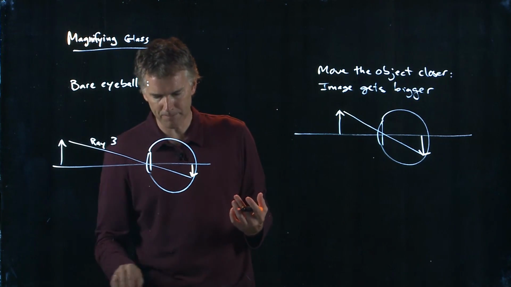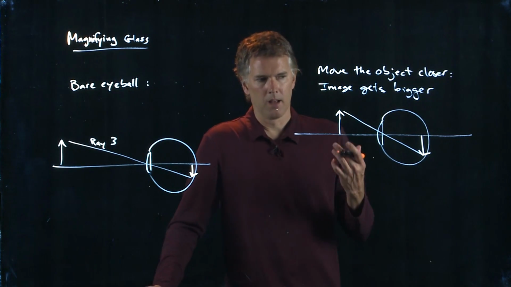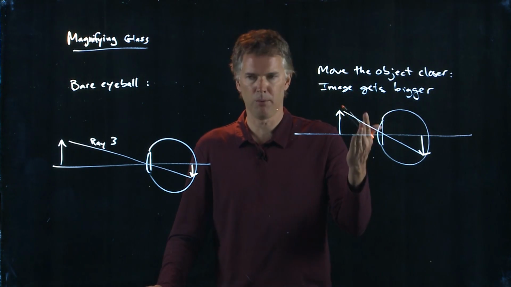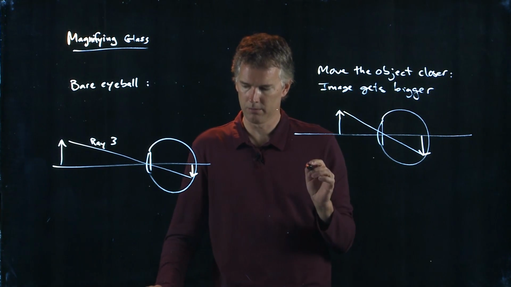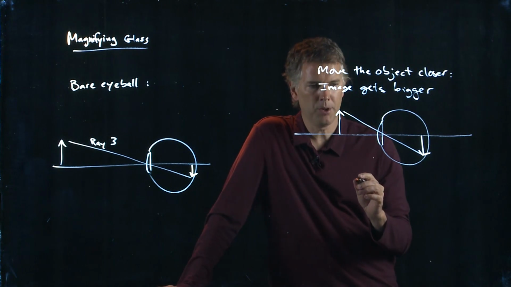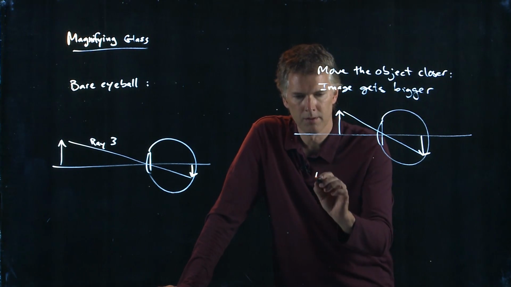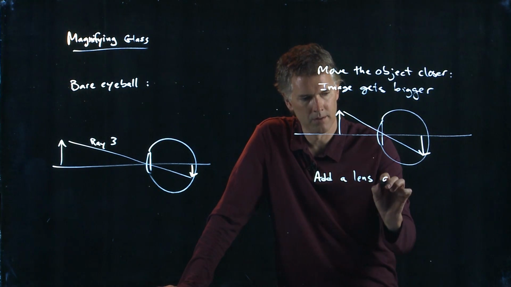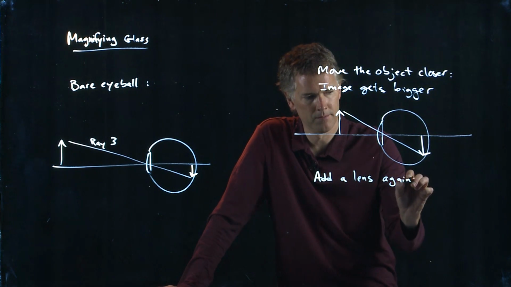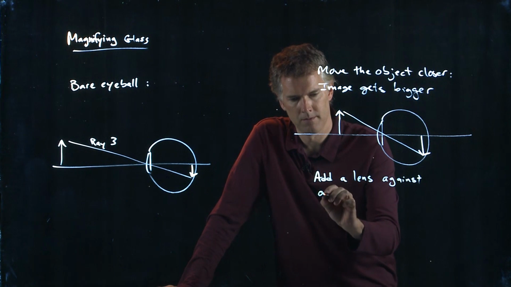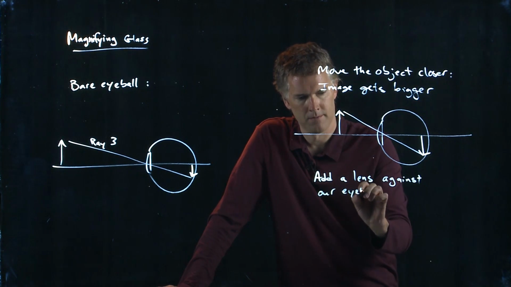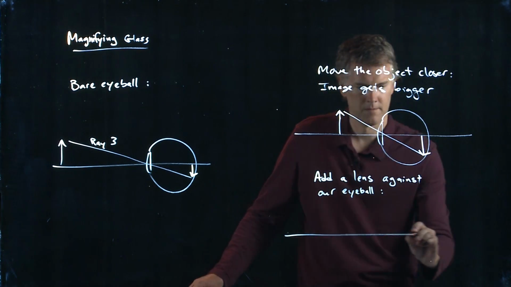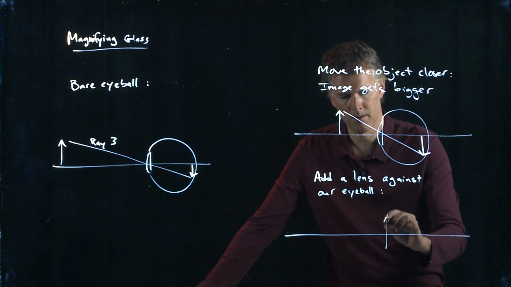But at some point, I can't focus on it anymore, right? I'm going to get to a point here where I can't focus. And so let's put an extra lens right against our eyeball. So here's the eyeball.